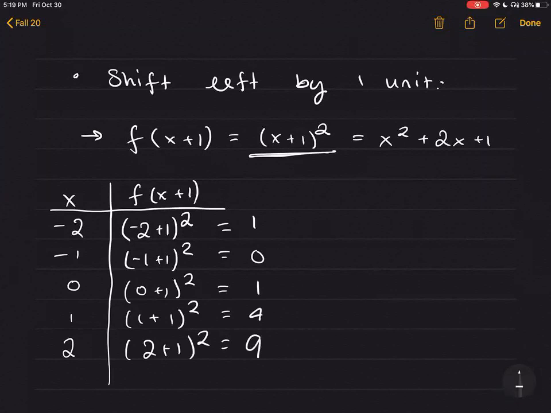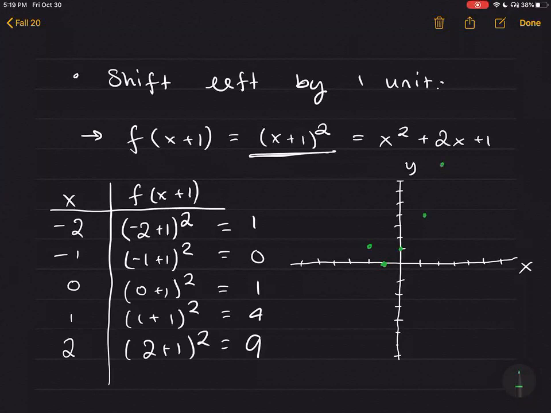All right, and then if we graph this with my dazzling artistic ability here, so -2 goes to 1, so that's going to be right about here. Then that one is 0, and then 0 we're at 1 again, and then at 1 we're at 2, 3, 4, and then at 2 we get all the way up to 9, which is going to be somewhere around here.